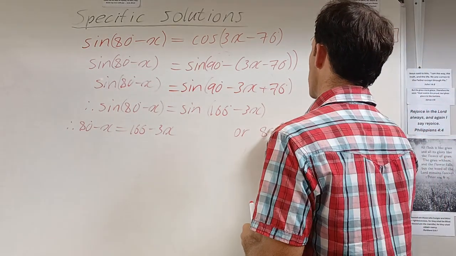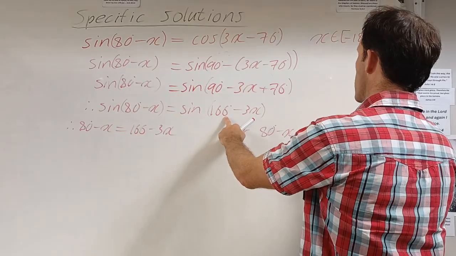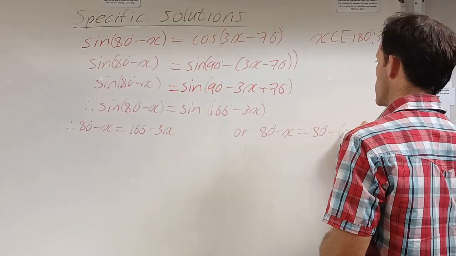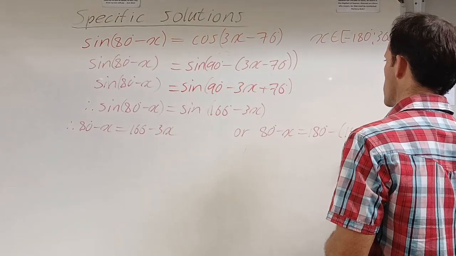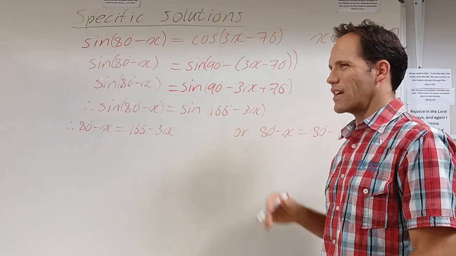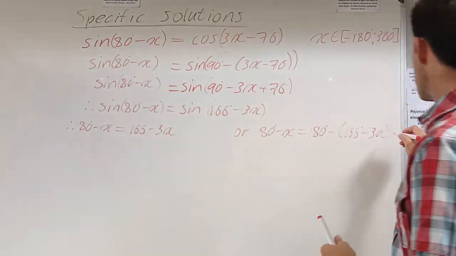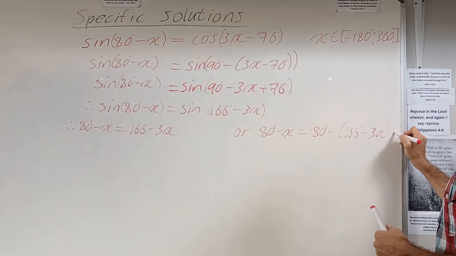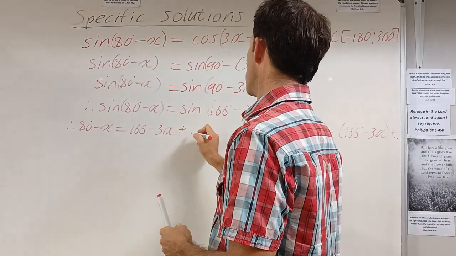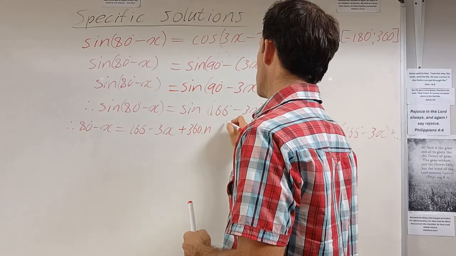So I'm going to say 80 minus x equal to 180 minus this angle, 166 minus 3x. I'll put in the plus 360 times n in the next step. I can just put in here plus and then the dots to show you have to put it in here also. Remember to put in plus 360 times n.